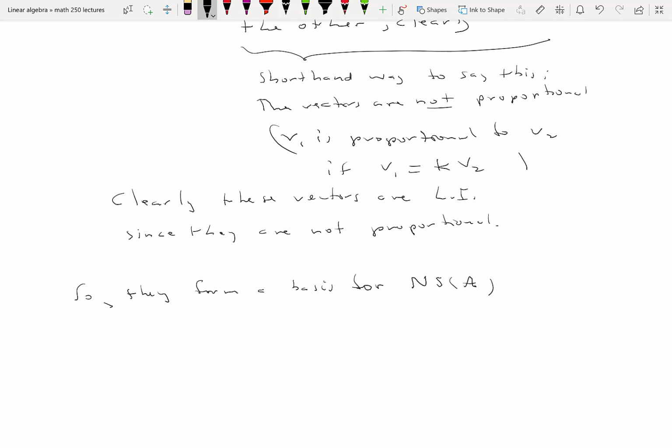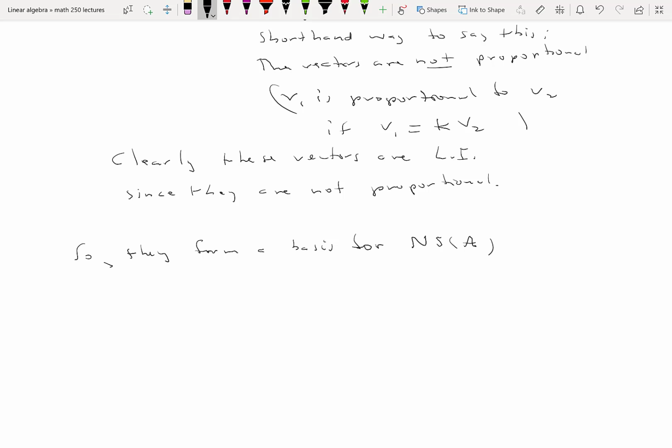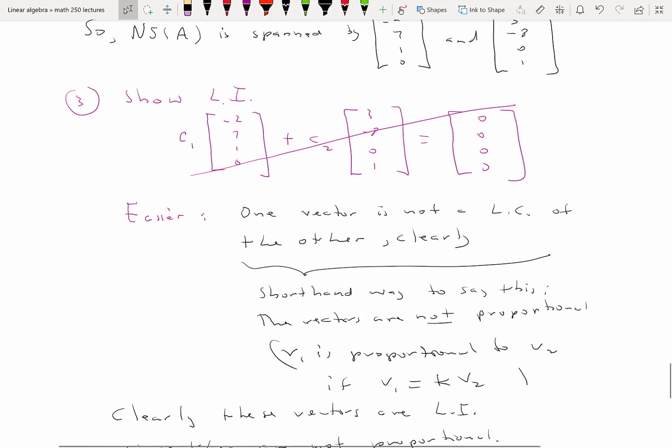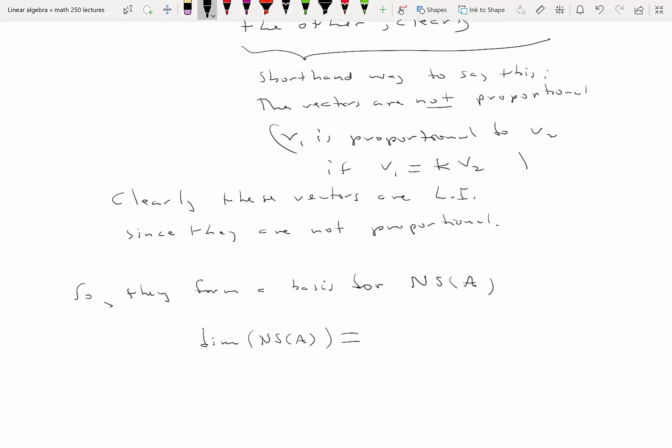The null space of a given matrix is not a difficult thing. It's just a set of solutions to the homogeneous system where the matrix is the coefficient matrix. Now I'm going to mention the dimension of the null space because it's going to be important in about 20 minutes or so. What's the dimension of the null space of A? Well, how many vectors are in its basis? 2. The dimension of a vector space is the number of vectors in any basis for a vector space.